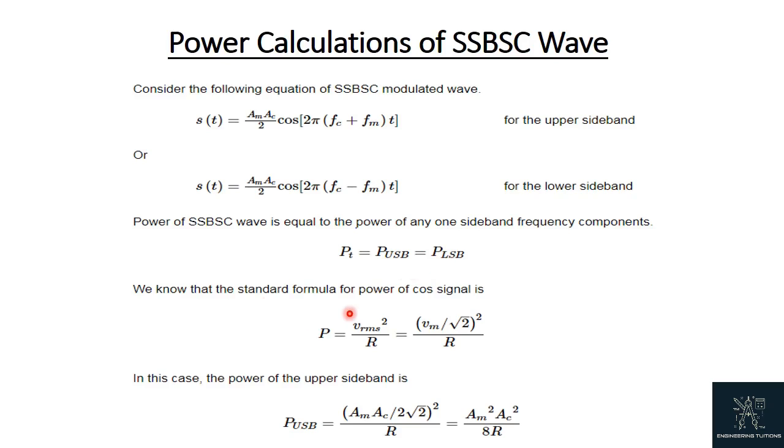We know that the standard formula for power of a cos signal is P is equal to (Vm upon root 2) whole square upon R. In this case, the power of the upper sideband is PUSB is equal to (Am Ac upon 2 times root 2) whole square upon R. We get Am square Ac square upon 8R.